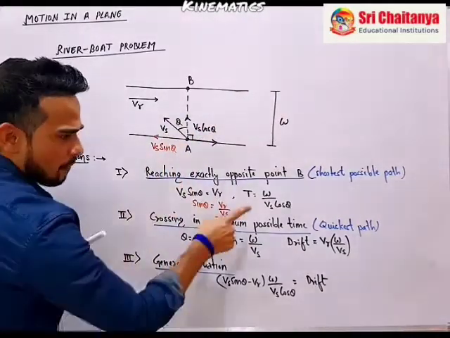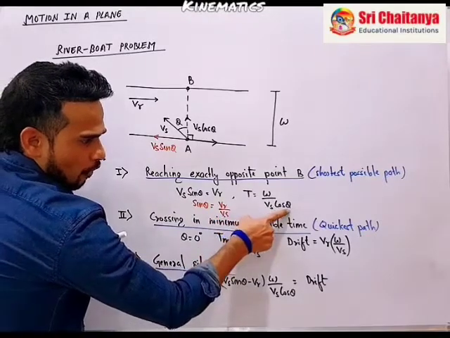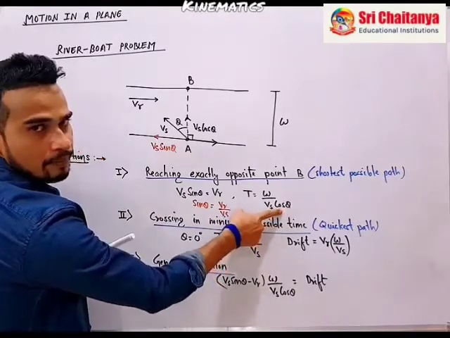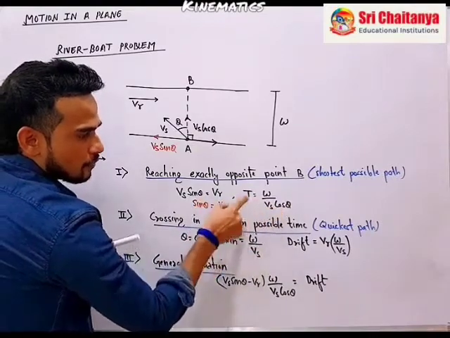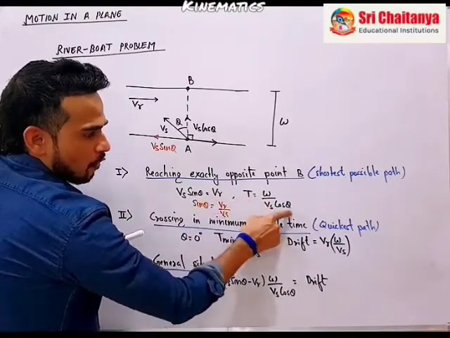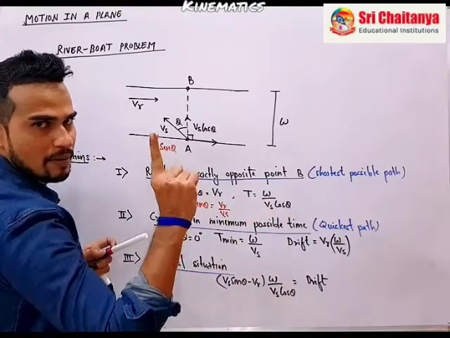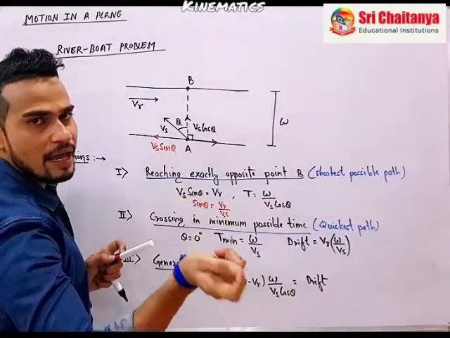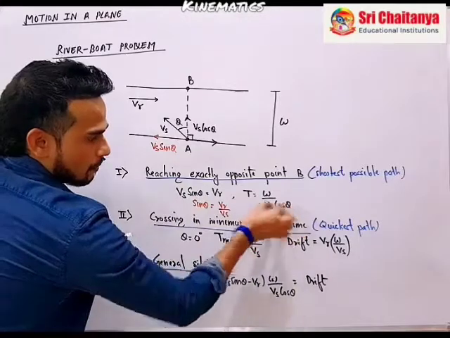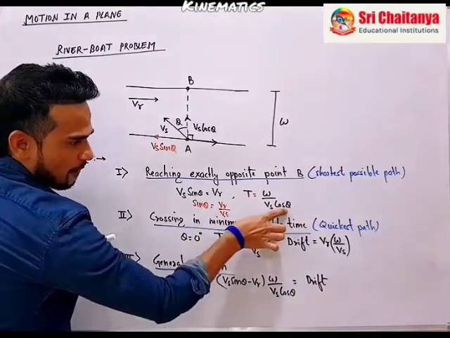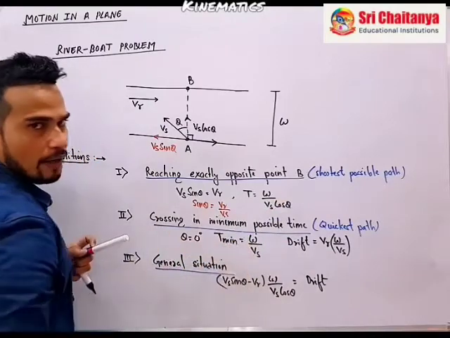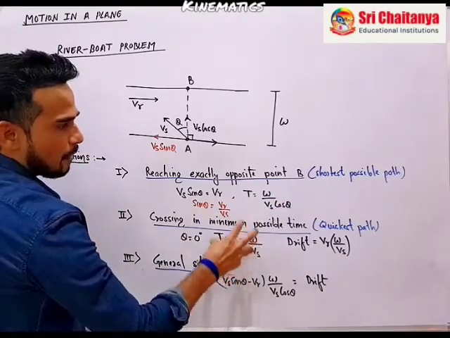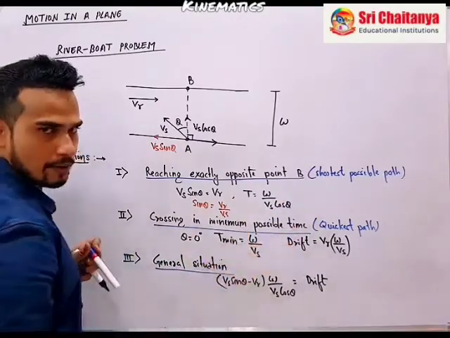So for minimum time, cos theta should be maximum, since time is inversely proportional to cos theta. Maximum cos theta is 1, when theta is 0. So T minimum will be W upon Vs. This is the minimum time, also known as the quickest path.